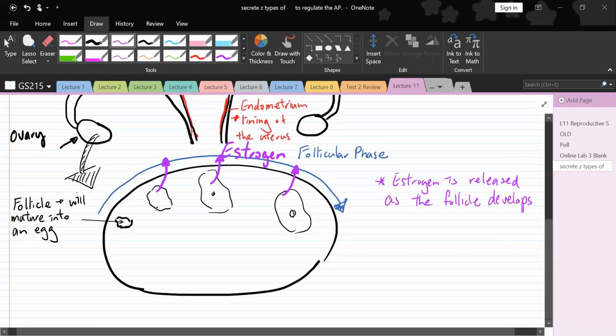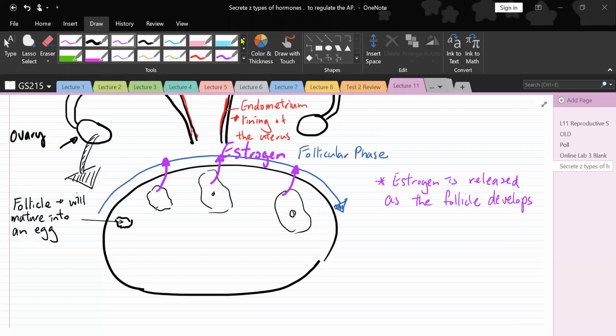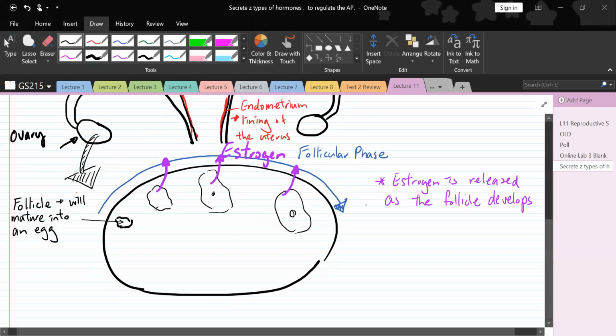Okay. So in a typical cycle, right? In a typical 28-day cycle. It's not 28 for everybody. I'm sure many of you know that. It could be longer, could be shorter, but most textbooks say 28-day cycle.